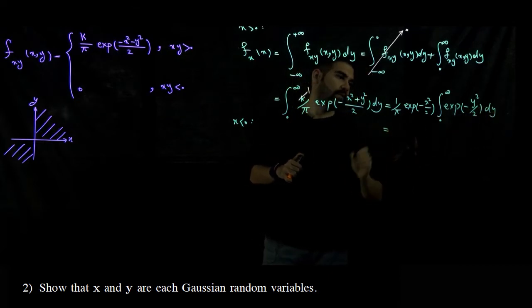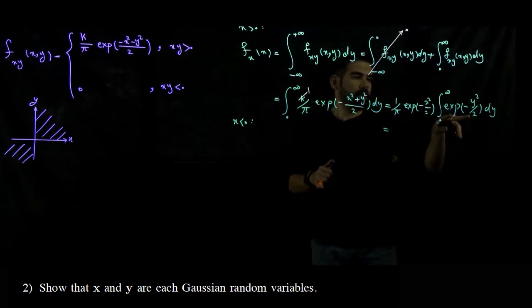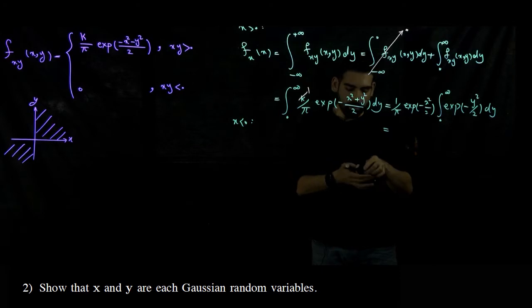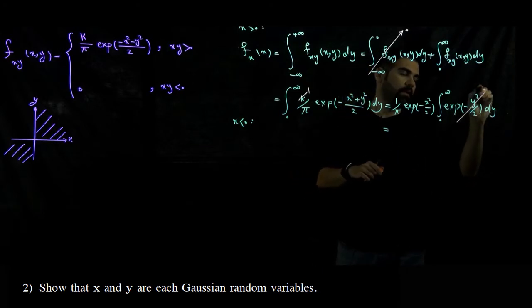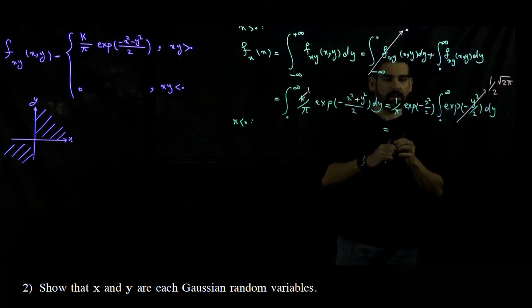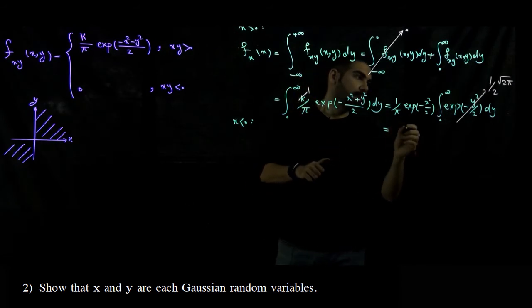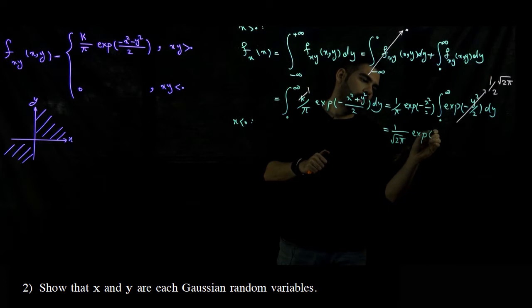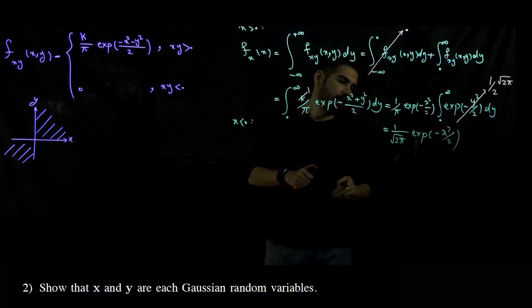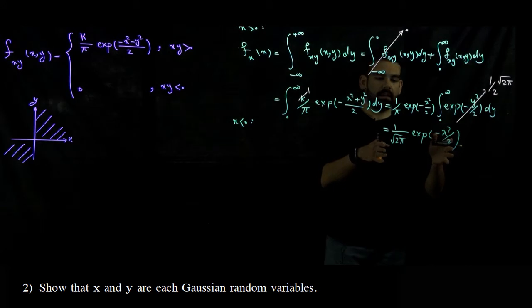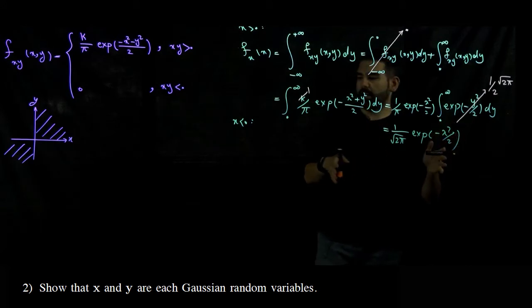And to calculate this, again note that this term is a scaled standard Gaussian PDF, and the integration is over half the axis. So this equals 1 over 2 radical 2 pi. And hence, the whole thing is 1 over radical 2 pi exp minus x2 over 2. And this is the general formula for a zero mean Gaussian PDF.